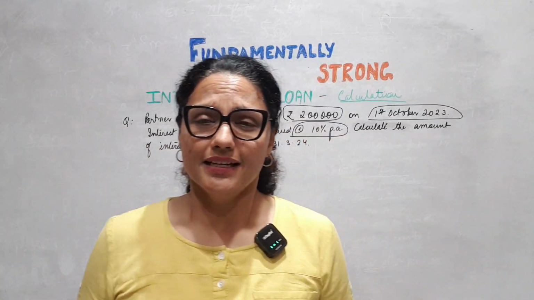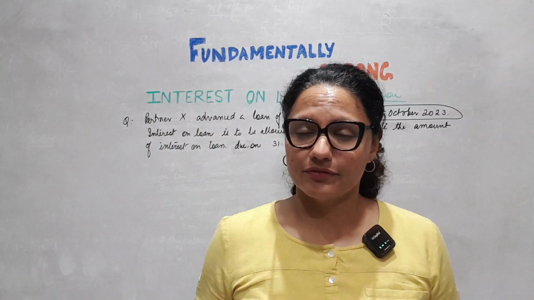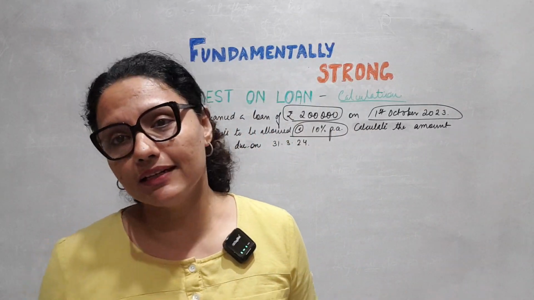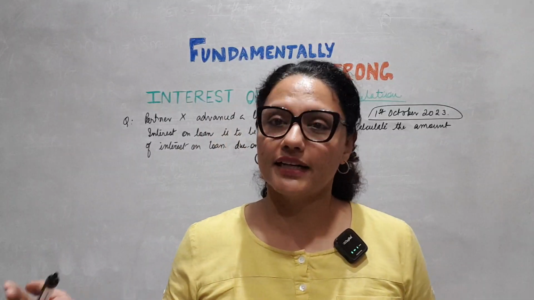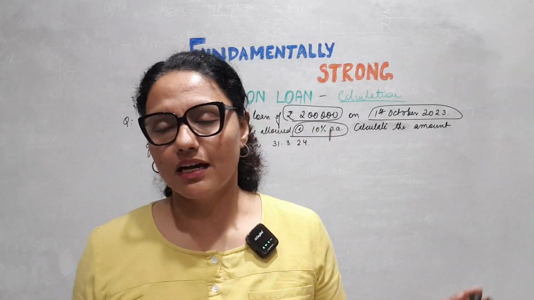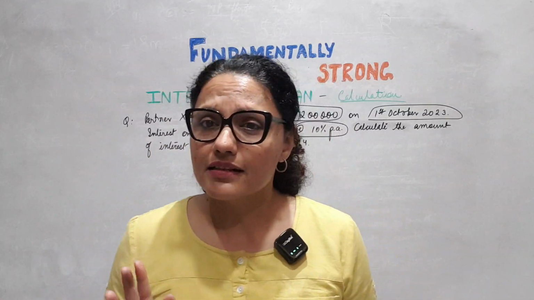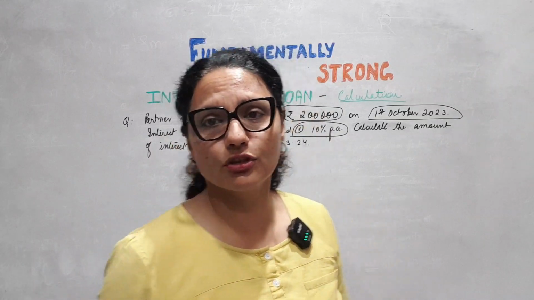This you have done in small classes. If you remember, calculation of simple interest. How do you calculate? Principal into time into rate, PTR, or PRT, whatever, by 100. So that is how you calculate interest on loan.